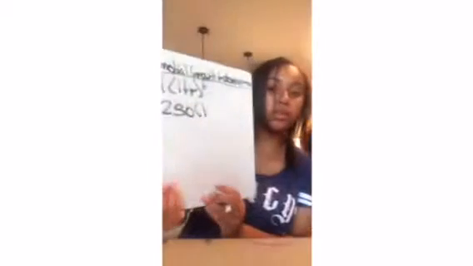Then the next thing is what's inside the parentheses, which will be 1, because that doesn't change, plus the rate, which would be 0.03 because the rate was 3%.